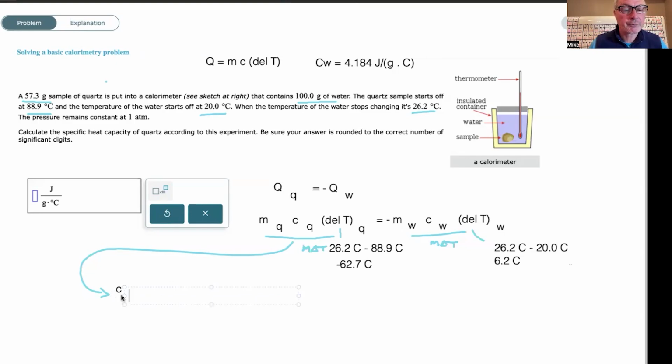So let's solve for what symbolically C quartz is. The numerator will be the same.